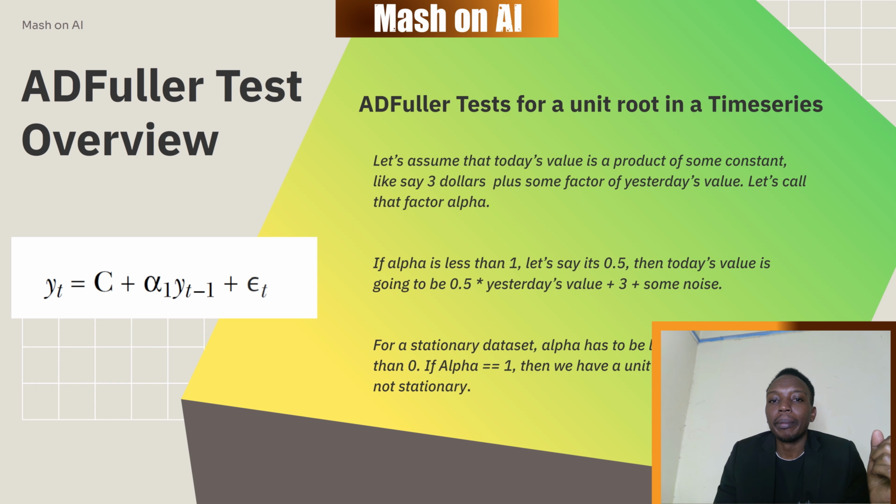So the Augmented Dickey-Fuller test tests for a unit root in a time series. What the heck is even a unit root? Let's assume that today's value is a product of some constant, let's say $3, plus a proportion of yesterday's value and some noise, which is shown by this equation here.